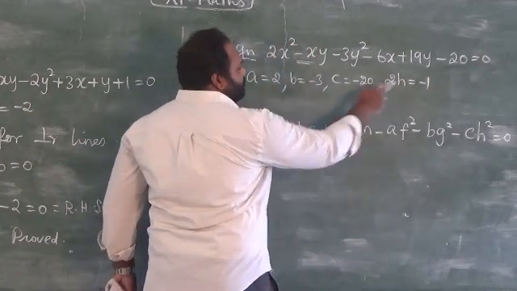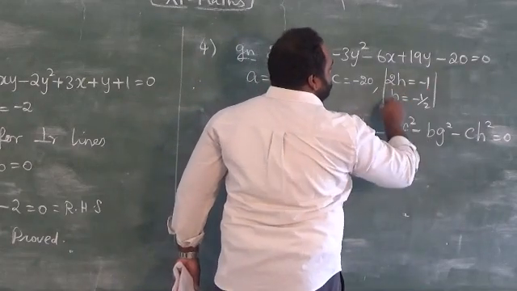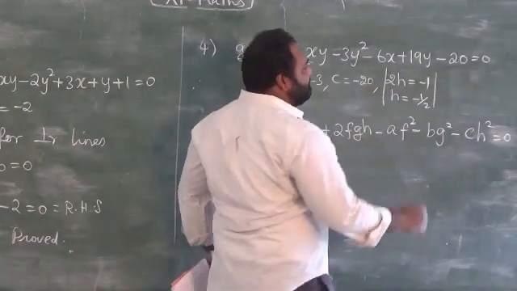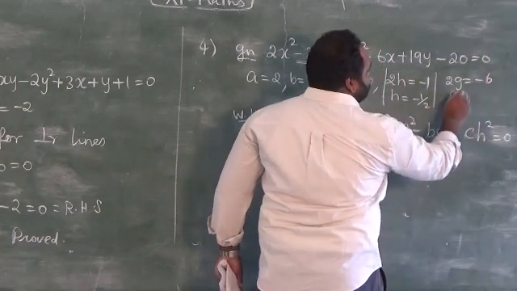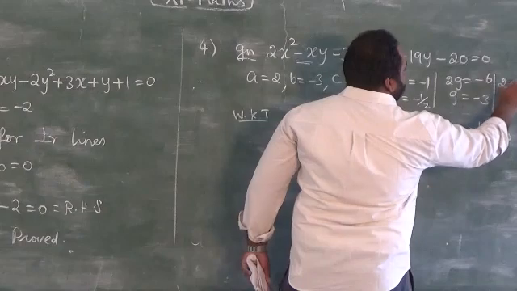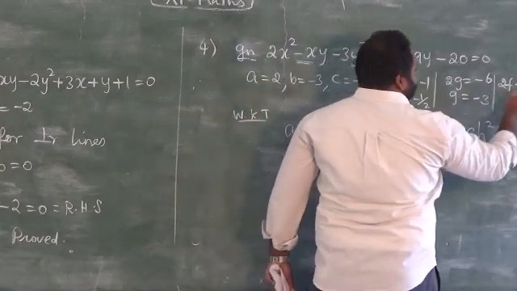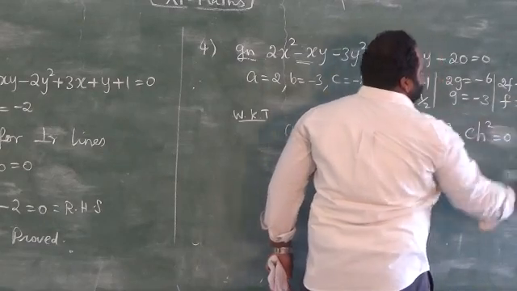Here minus 1 is 2h, so h is equal to minus 1 by 2. Next, coefficient of x is 2g, so g is equal to minus 3. Next, 2f is the coefficient of y, 19, so f is equal to 19 by 2.